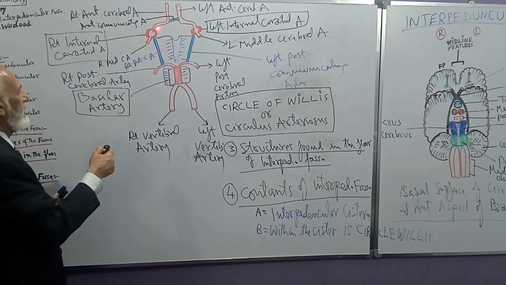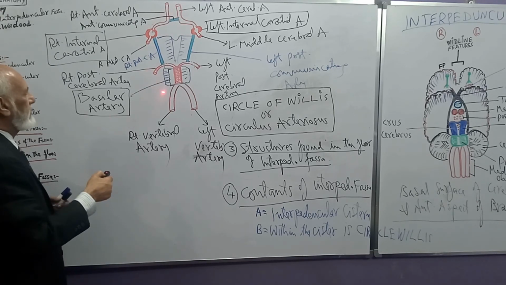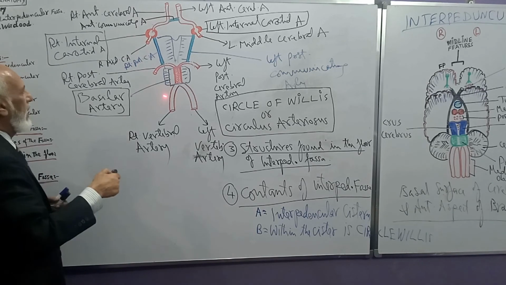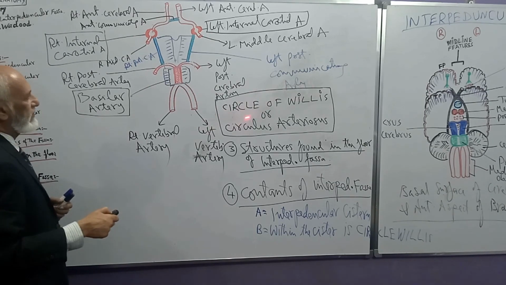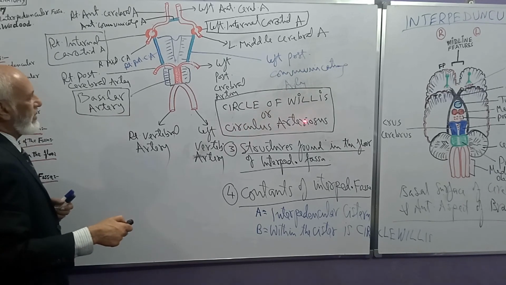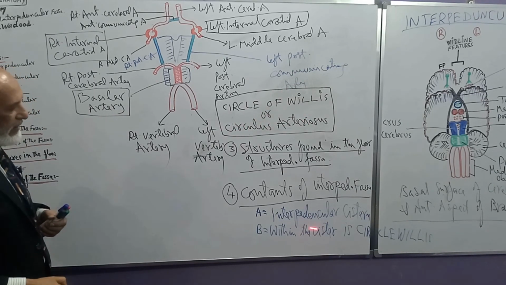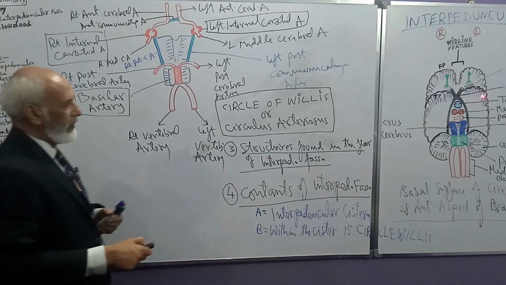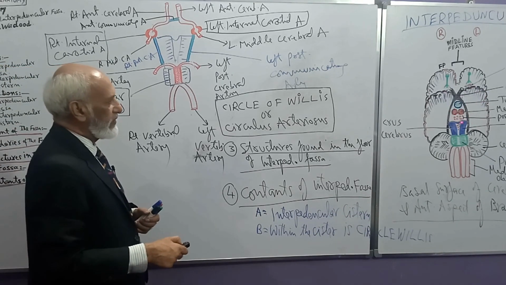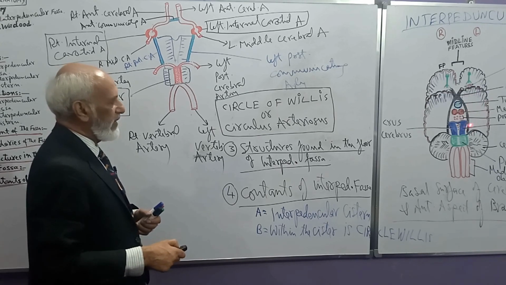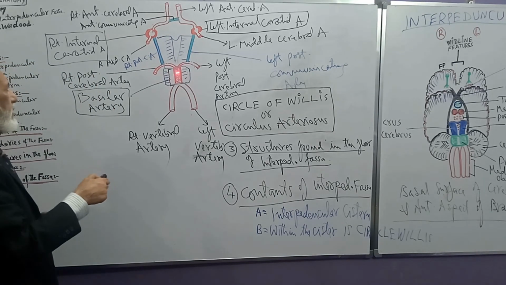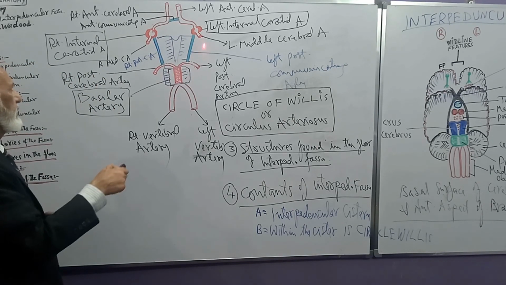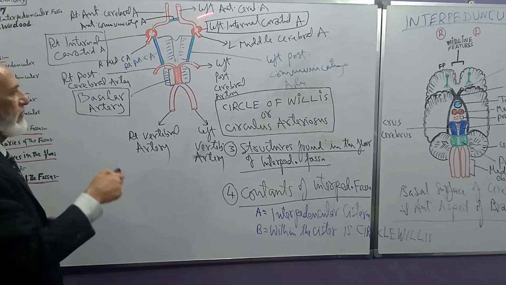So you can see all parts of this arterial anastomosis known as the circle of Willis or circulus arteriosus. It is contained inside the interpeduncular cistern. So here there is the interpeduncular cistern filled with cerebrospinal fluid, and within it is this arterial anastomosing system known as the circle of Willis.